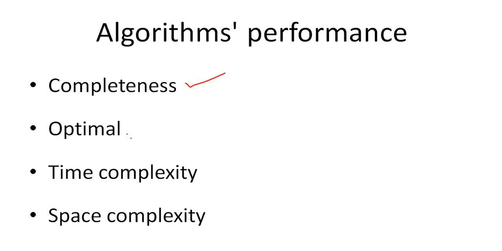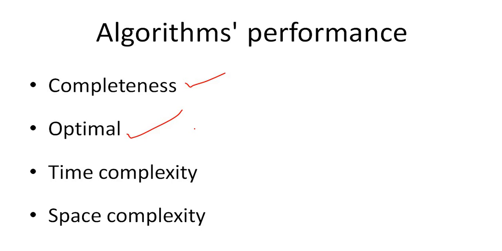Then we have optimal algorithms. Optimal algorithms always try to find the best solution. Okay. When you give them a problem with multiple solutions, they will always give you the best solution. Optimal means to maximize or minimize some parameters.